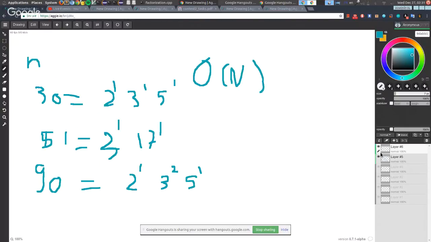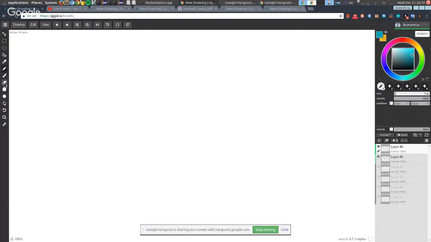Here we will depend on an observation: if we have an integer n, and we can write it as a product of two numbers a times b, we assume without loss of generality that a is greater than or equal to b.